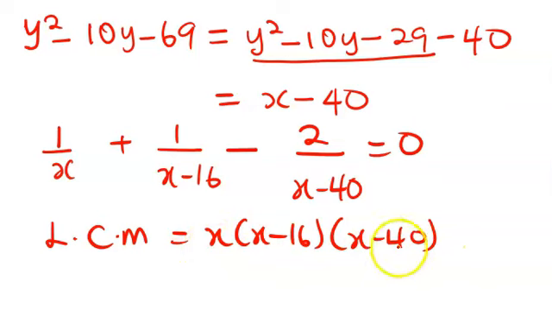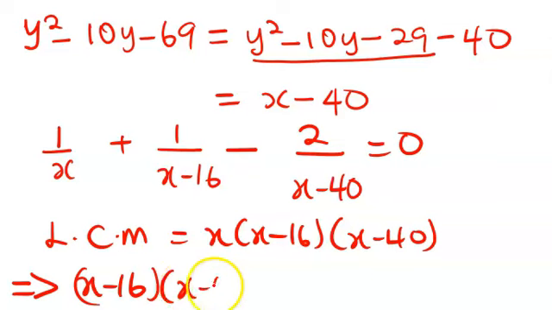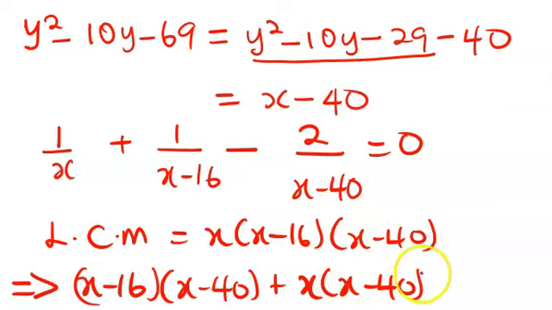Now when we multiply this one by that, this x will cancel x, so that we are going to have x minus 16 times x minus 40. Now when we multiply it by this, x minus 16 will cancel out, so it will be left with x times, so plus x times x minus 40. And then minus 2, here x minus 40 will cancel out, minus 2x times x minus 16 is equal to 0.